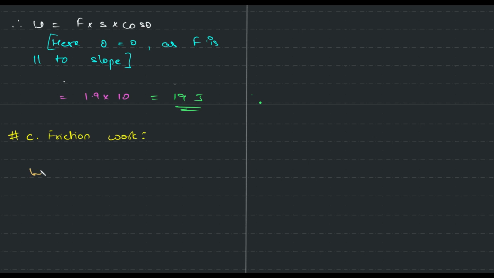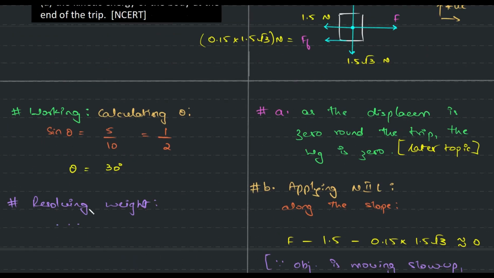So work done by friction will be minus f times 2 times the slope length. So this will be how much, guys? I think you can calculate this, right?